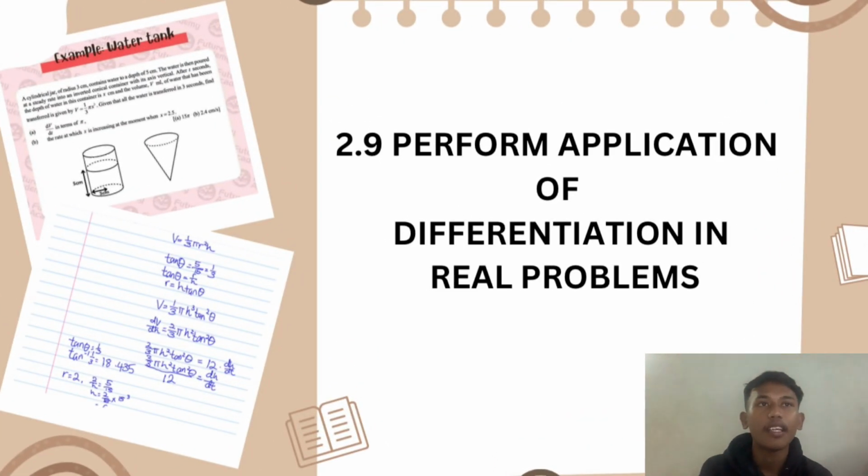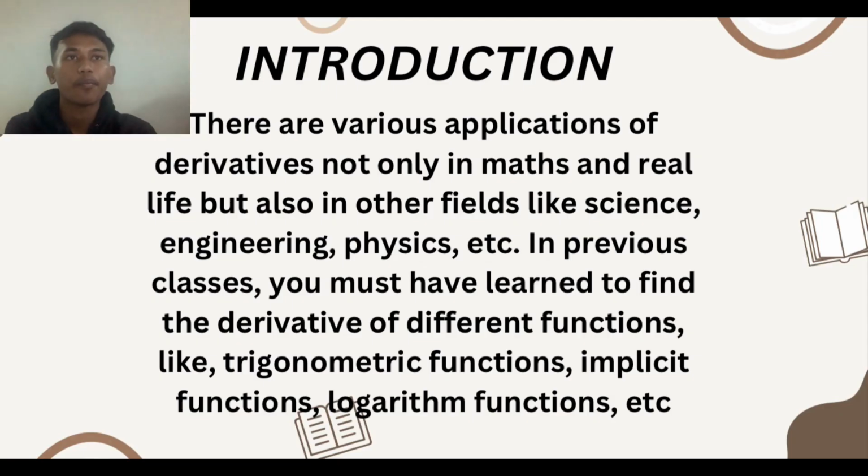Okay, 2.9, perform application of differentiation in real problems. Introduction. There are various applications of derivatives not only in math and real life, but also in other fields like science, engineering, physics, and more.